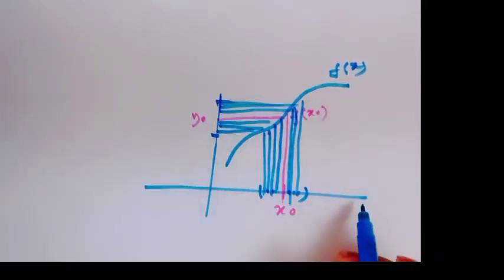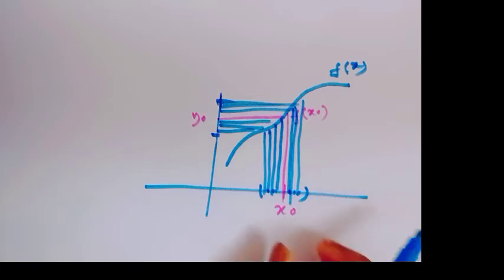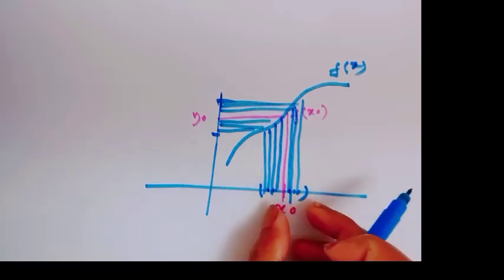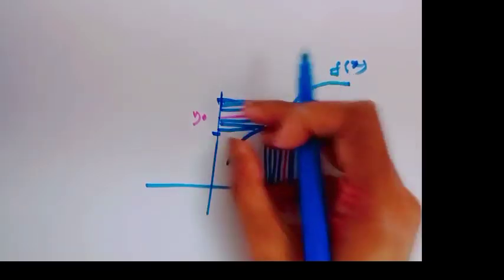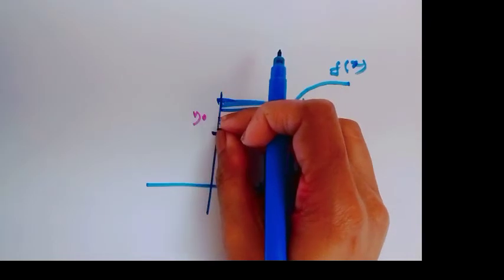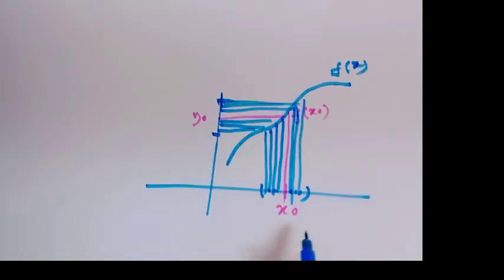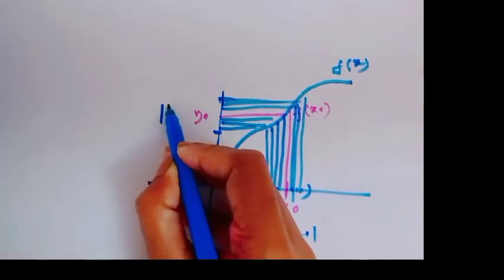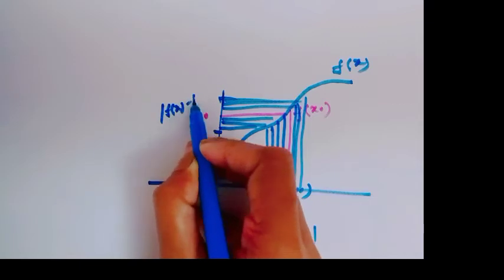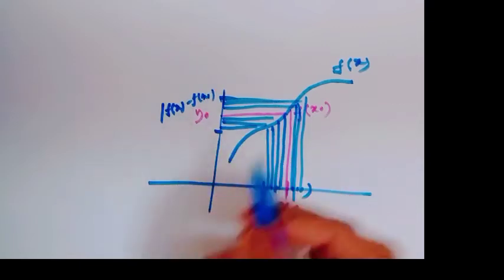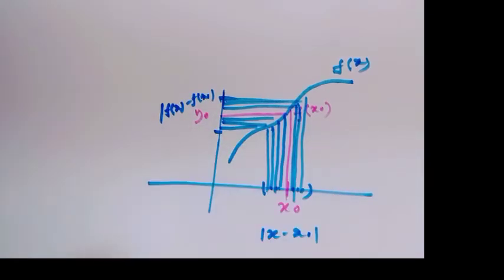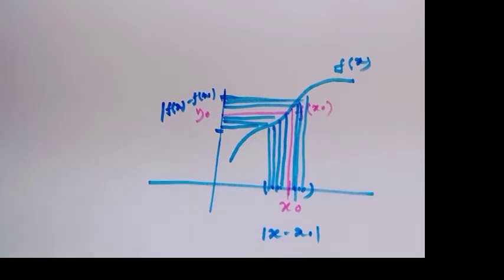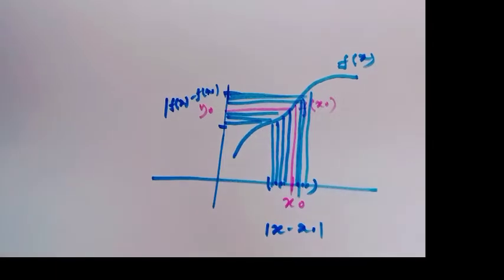And by making x nearer, this band will be nearer to y naught. This is the distance x minus x naught, and this is fx minus fx naught, and this is the epsilon delta definition of continuity, okay?